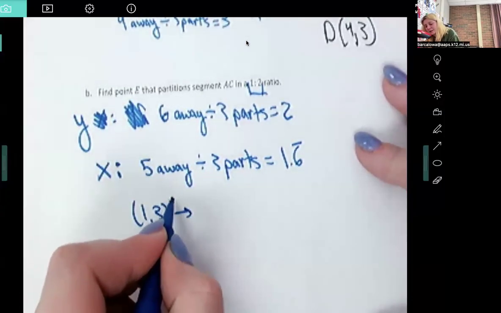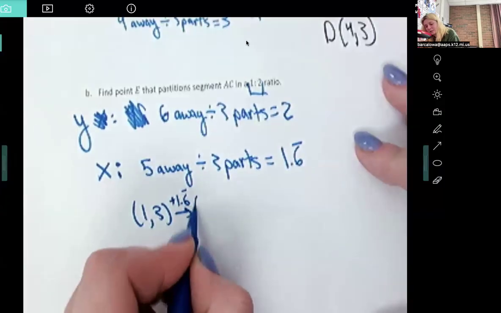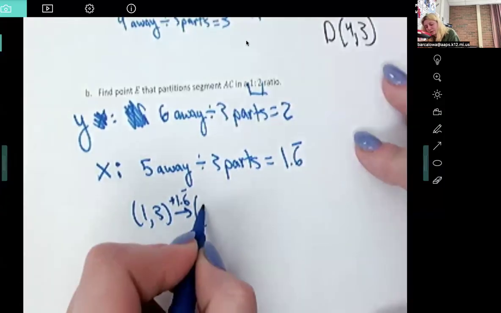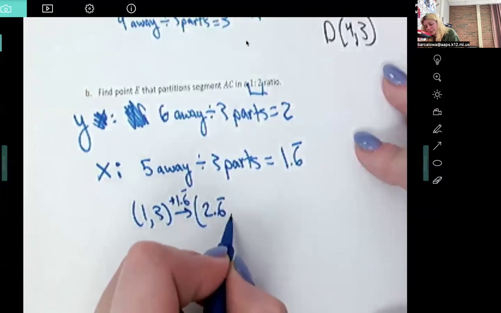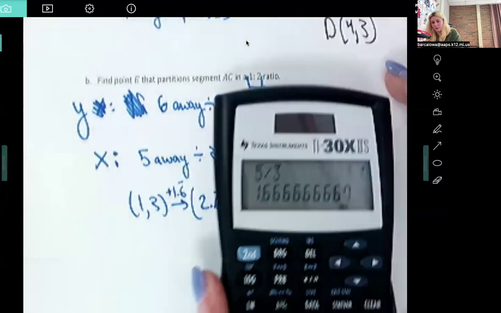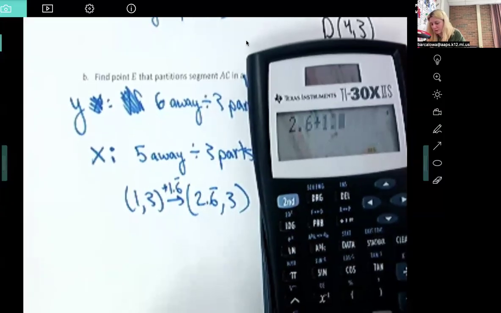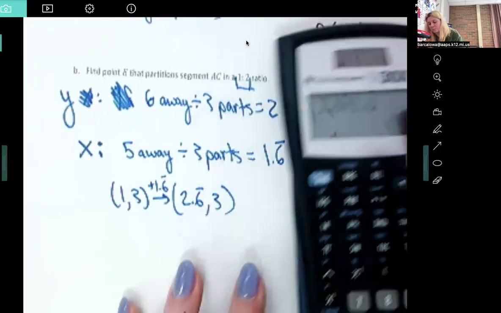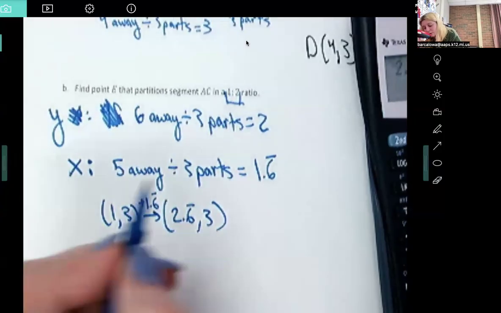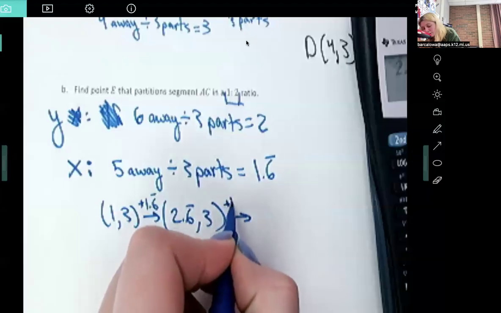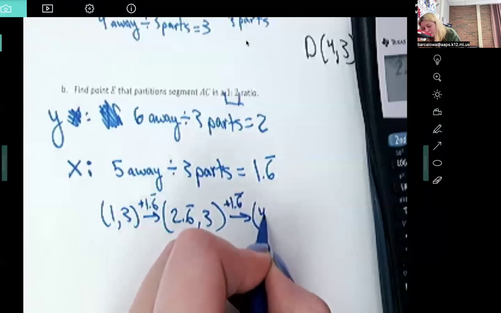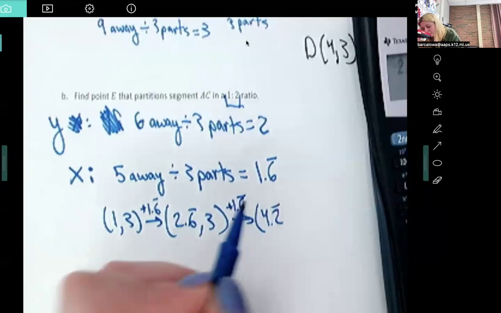So I'm going to add that 1.6 repeating. That would give me 2.6, comma 3. 2.6 plus another 1.6 would be 4.2, also repeating.